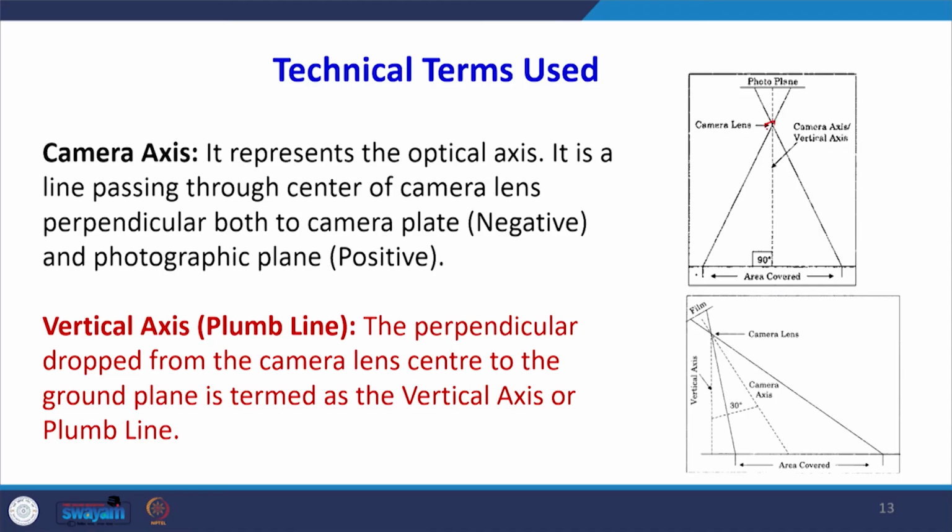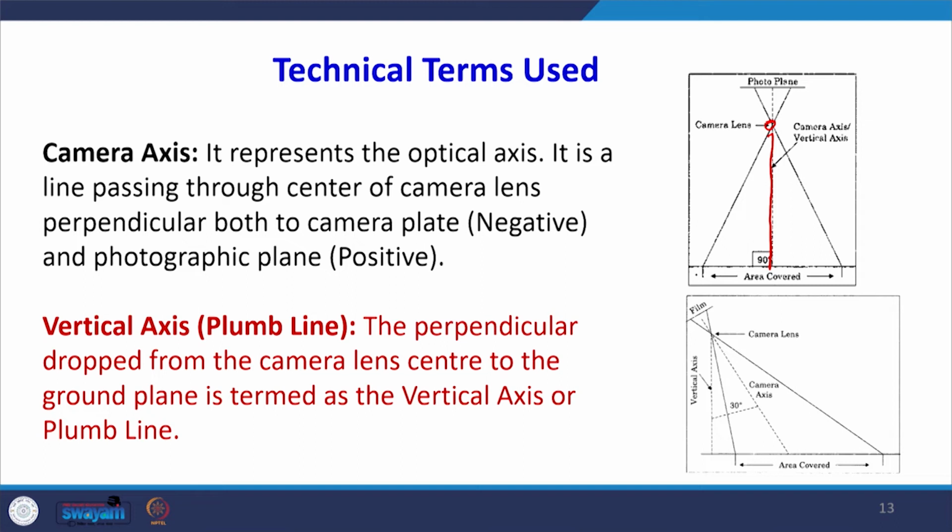Next technical term here is the camera axis. As I told you, in aerial photogrammetry, when we are taking a vertical photograph, our camera axis is vertical. It is representing basically the optical axis. My camera is here. This line is indicating the camera axis line, and it is a line which is passing through the camera lens perpendicular both to the camera plane and the photographic plane.